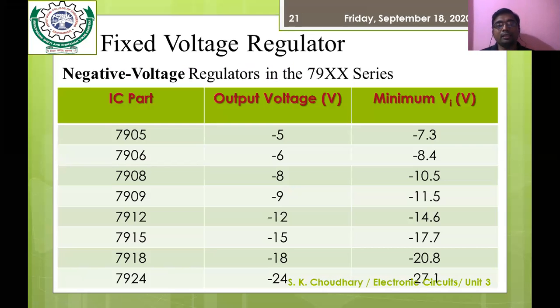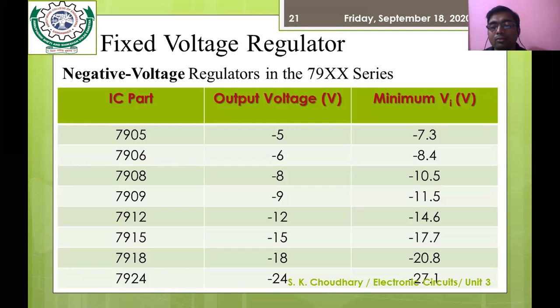This table gives you an idea of which negative voltage IC regulators you can use. 7905 means minus 5 volt, 7918 means minus 18 volt, 7924 means you can produce minus 24 volt, depending upon the requirement of the application.